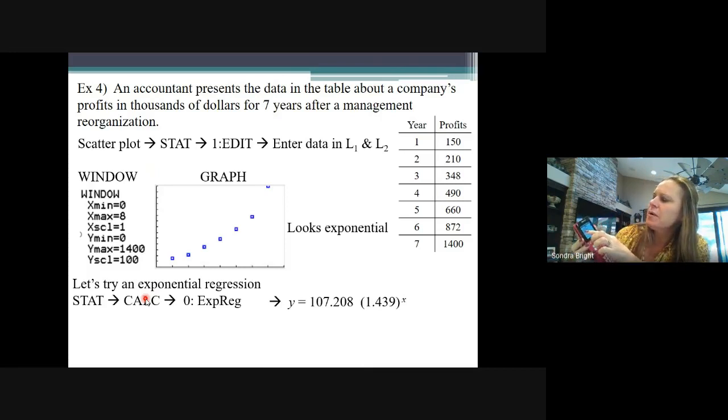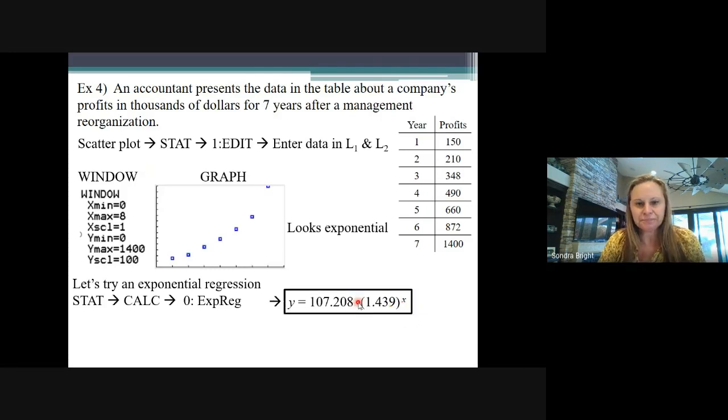The regression equation is y equals A times B to the X. So see how I wrote it? Y equals, my A was 107.28. I rounded to 3 decimal places. My B was 1.439 because I rounded up that 8, and then to the power of X. So that's like a times right there. So there is your regression equation.